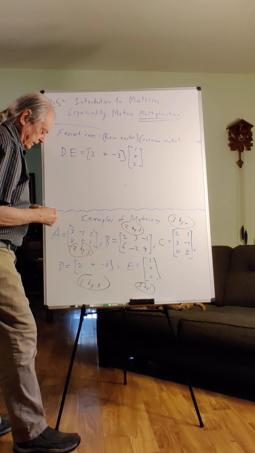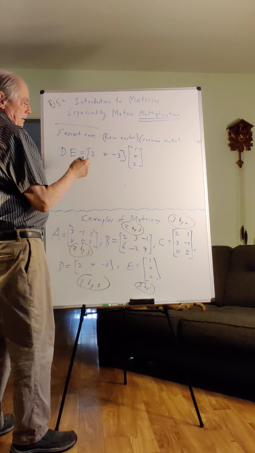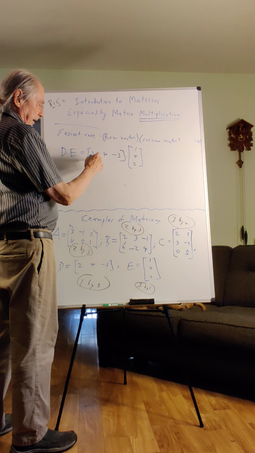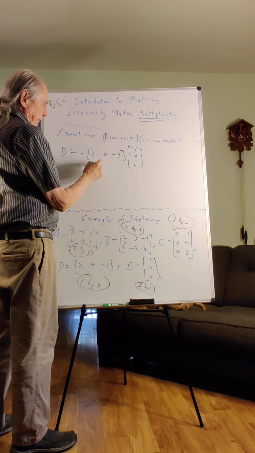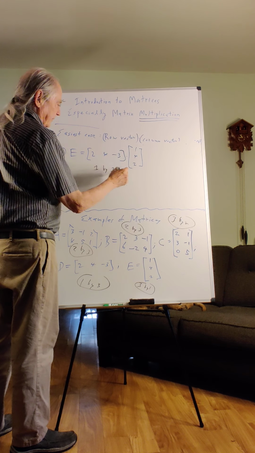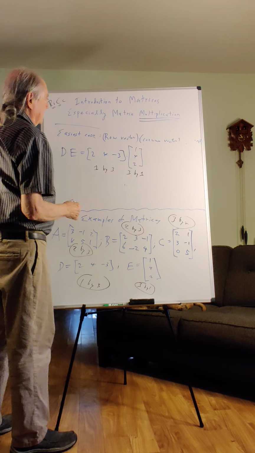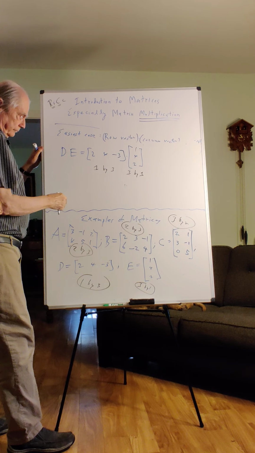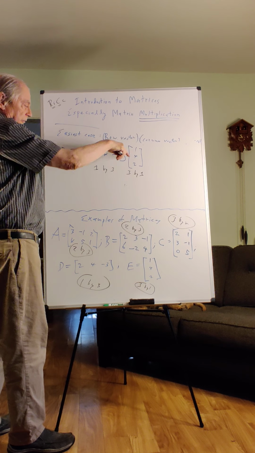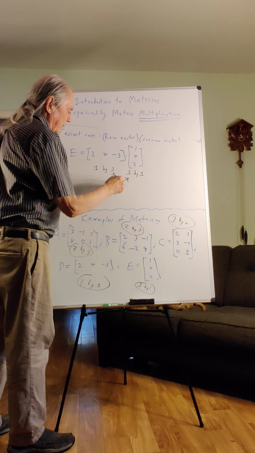Okay, now the first thing about matrix multiplication is the following. See what the sizes of the two matrices are, the dimensions. So this is 1 by 3, and this is 3 by 1. Remember the word rise. It says 1 row, 3 columns. It says 3 rows, 1 column. These numbers have to be equal or you can't multiply.